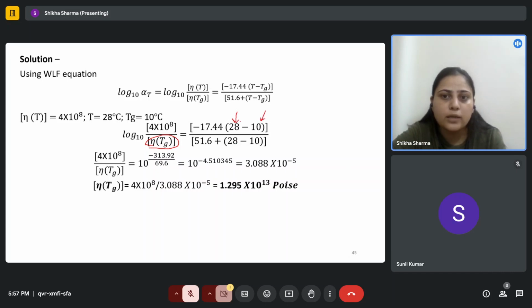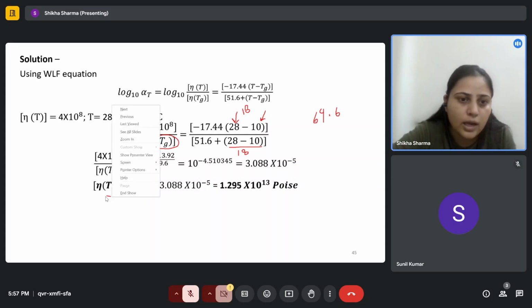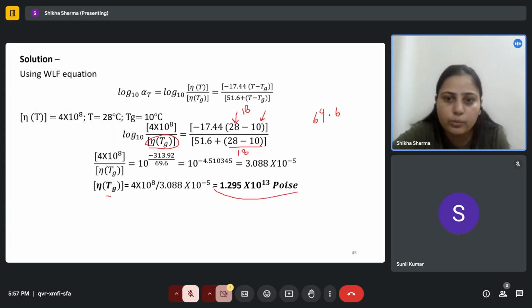So 28 minus 10 is 18, divided by 51.6 plus 28 minus 10, which is 18 plus 51.6, 69.6. So when we solve all these things, the viscosity at glass transition temperature will be 1.295 into 10 to the power 13 poise.